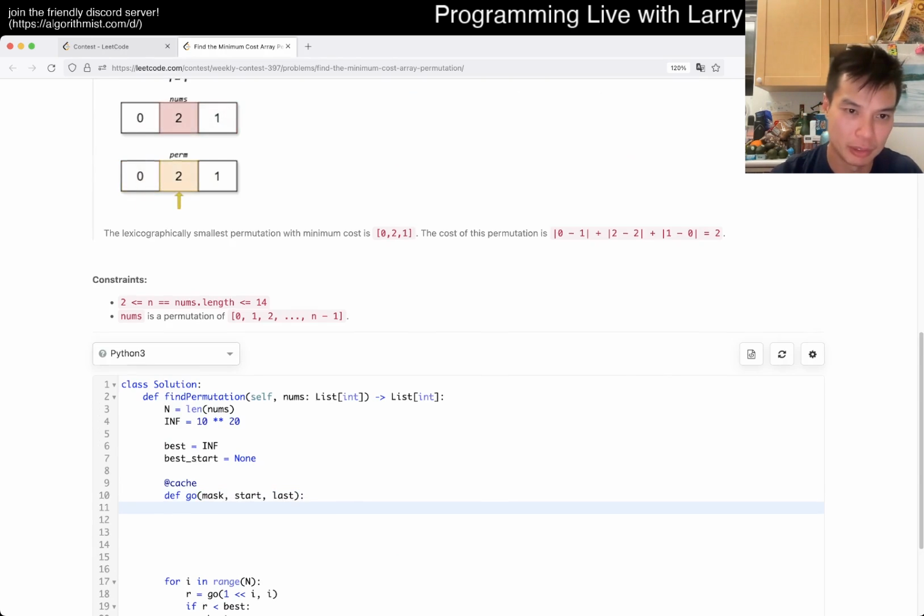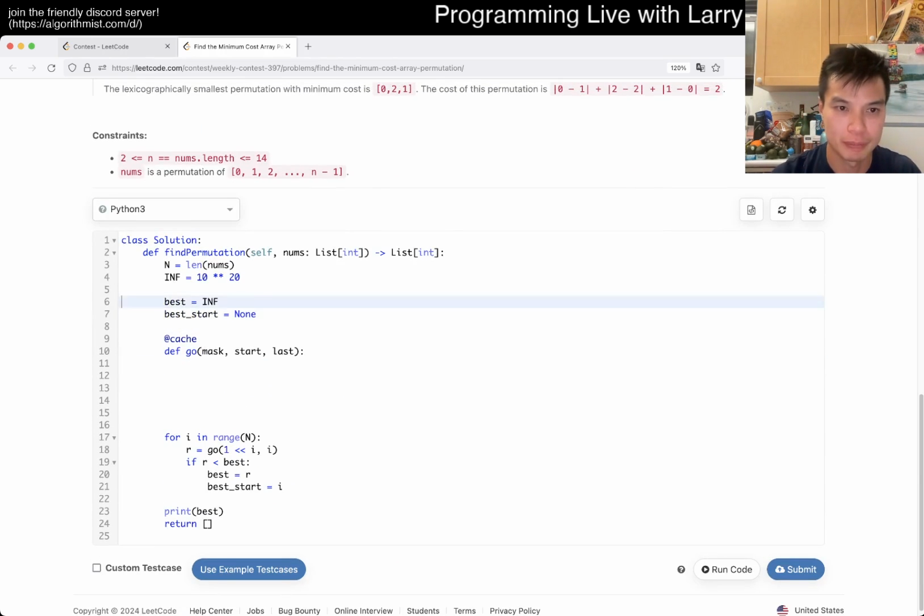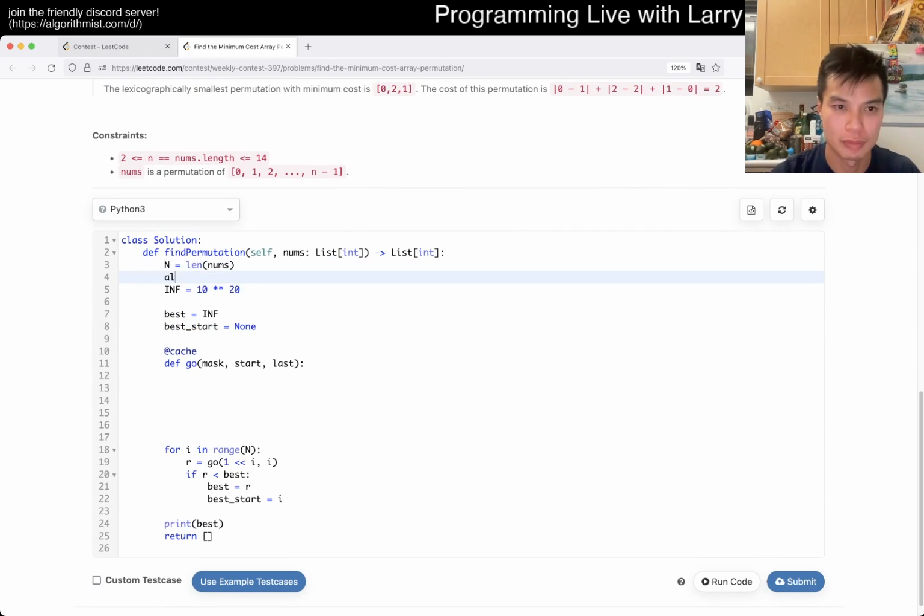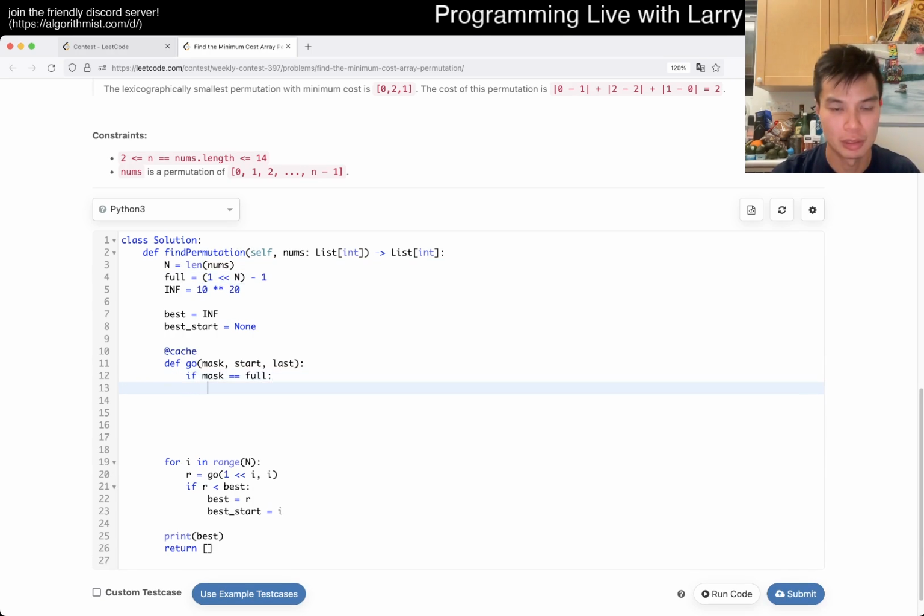Let's just write it dumbly. Alright. Maybe it'll give me some ideas. Where's it go?